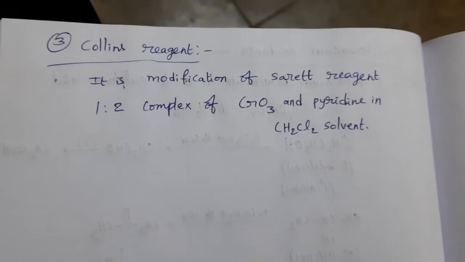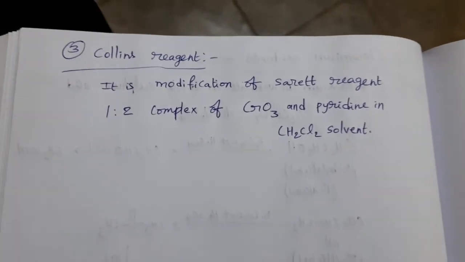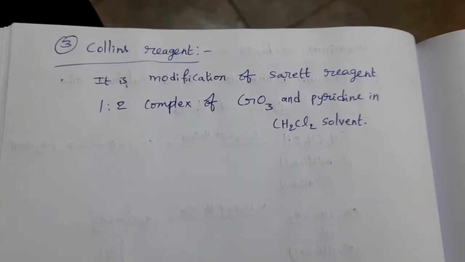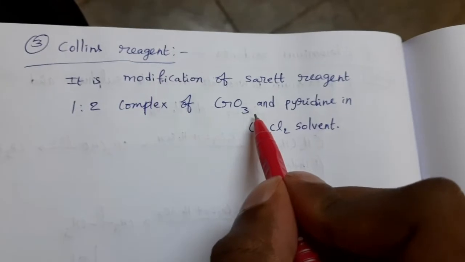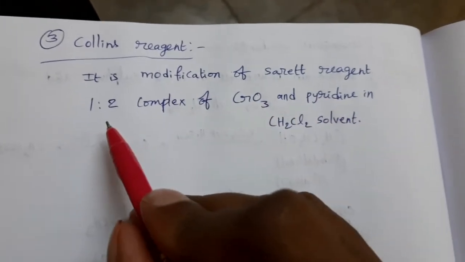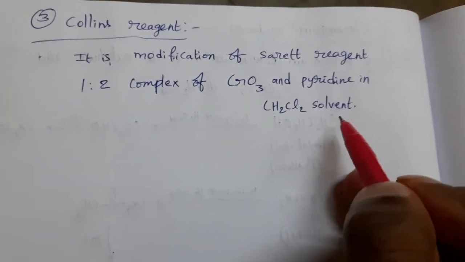Small difference. In Sarett reagent, solvent is pyridine. In Collins reagent, solvent is CH2Cl2, dichloromethane. So here also chromium trioxide and pyridine are mixed in 1:2 ratio to form a complex in CH2Cl2 solvent.